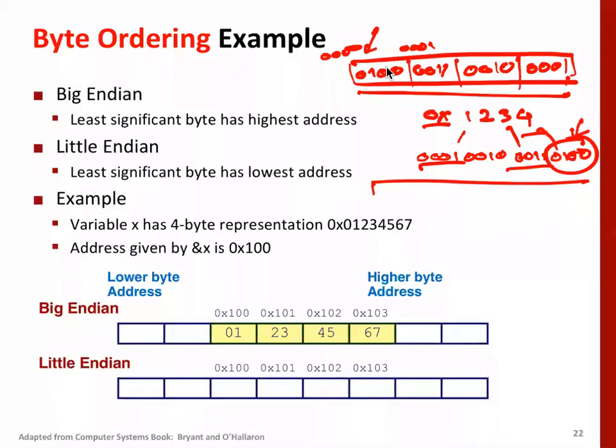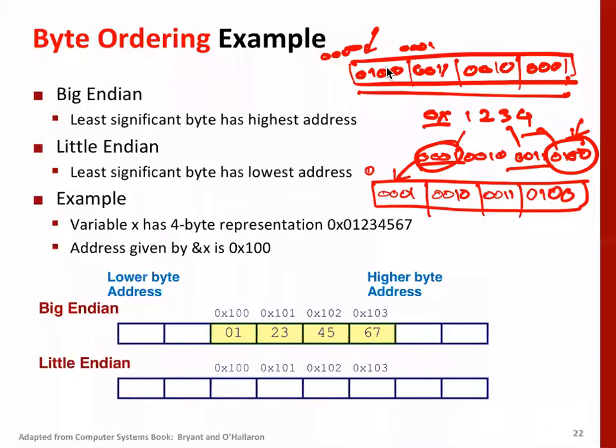The second is that you can put the MSB here, because this is how we normally read, with all the addresses starting from 0. So you'll put 0001 here, 0010 here, 0011 here, and 0100 here. So the difference is the order in which you put the different bytes of the word: whether the most significant byte starts at the lowest address or the least significant byte starts from the lowest address.